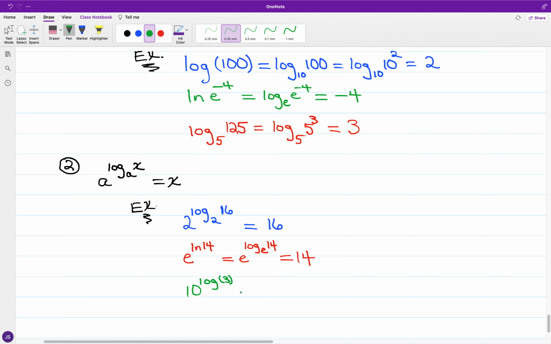If I have 10 to the log of 3, log is going to make reference to a base 10 logarithm, so 10 to the base 10 logarithm of 3. That is going to be equal to 3.